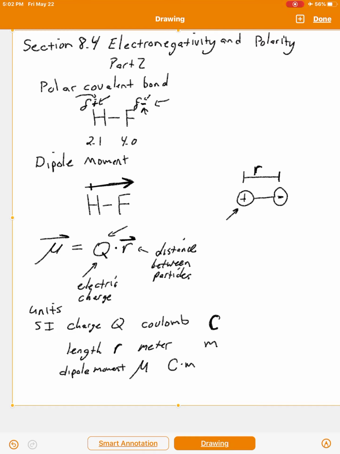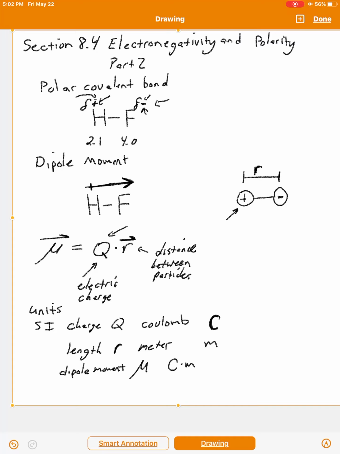Coulomb meters. Now, the only issue with that is that if you actually use the actual numbers that we find with charges on atoms and the distances between the atoms, between the nuclei, they're so small that our dipole moment would be somewhere in the 10 to the minus 30 to 10 to the minus 31 coulomb meters.